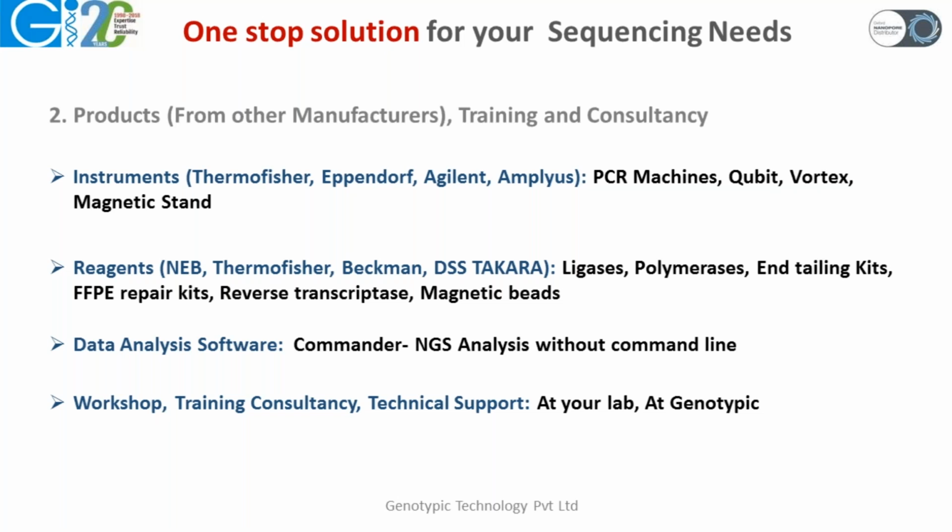Apart from that, we have reagents. As you can see, we have tied up with many companies, right from Thermo Fisher, Beckman, NEB. So any reagent or equipment that you desire along with the Nanopore, you can approach us.